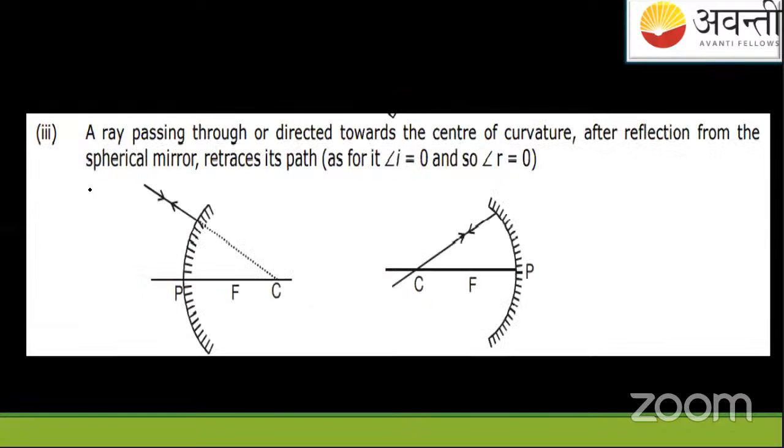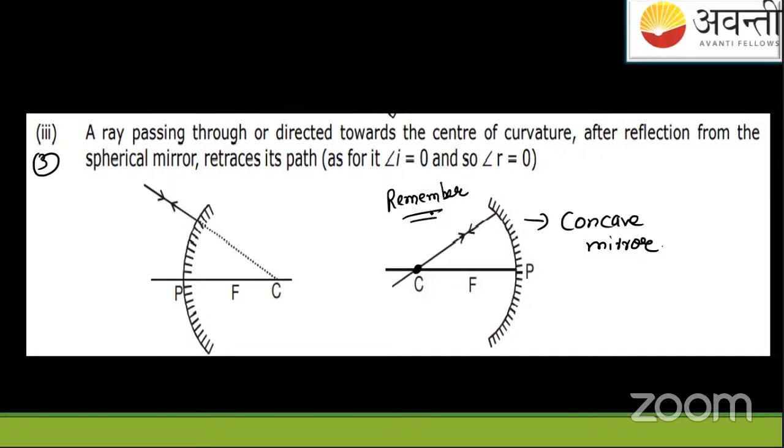Now, what was the third point? The third point is this: suppose this is a concave mirror. Suppose a ray passes from the center of curvature. Remember these two points I've already told: one is direct, another is its reverse.